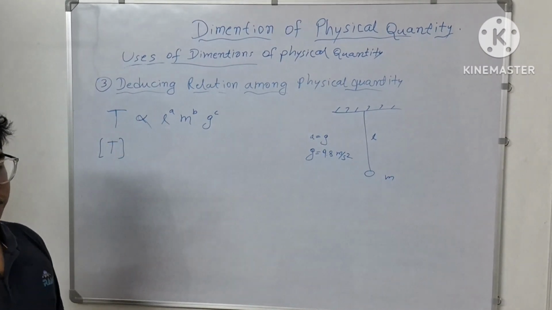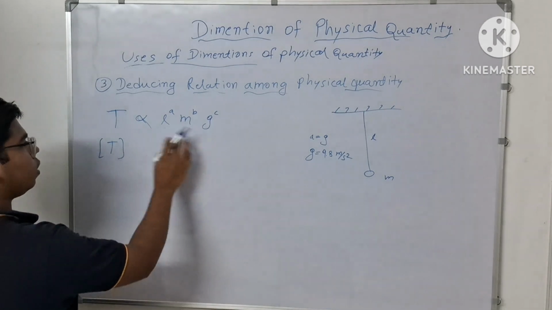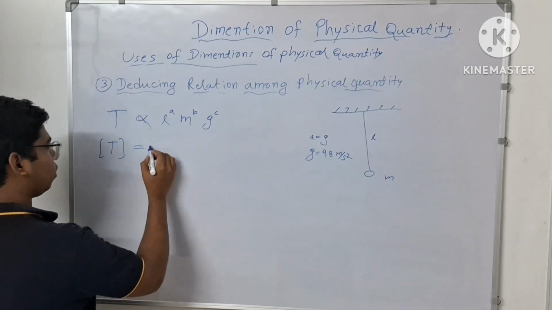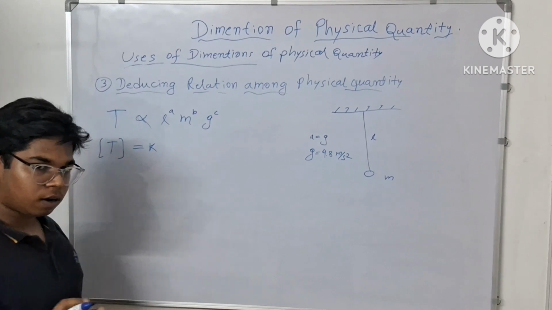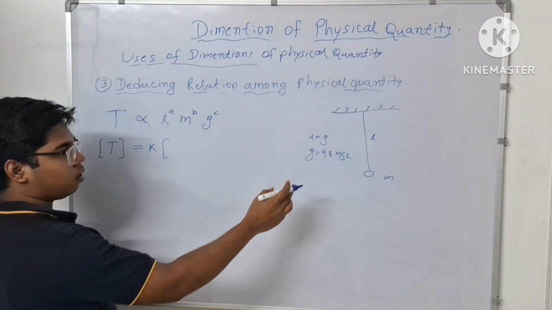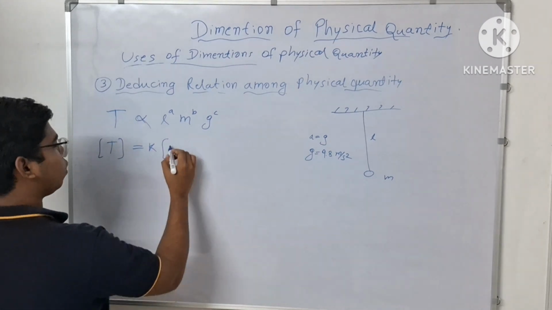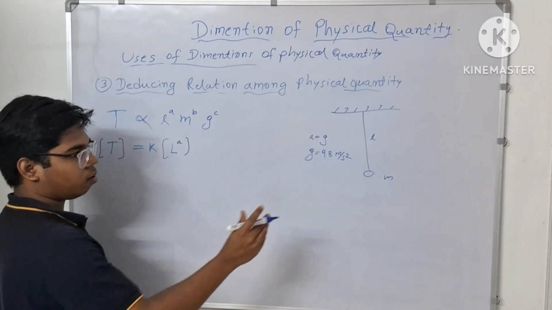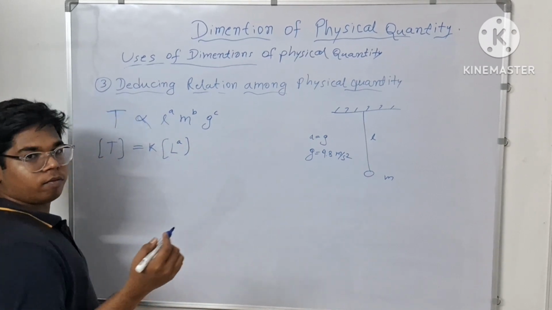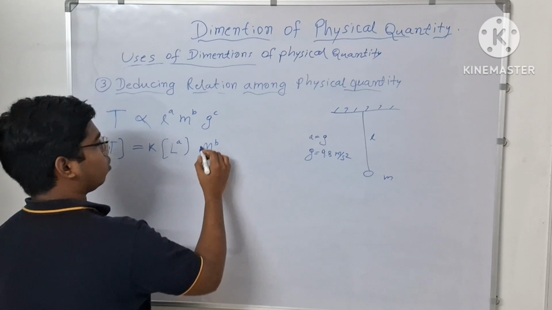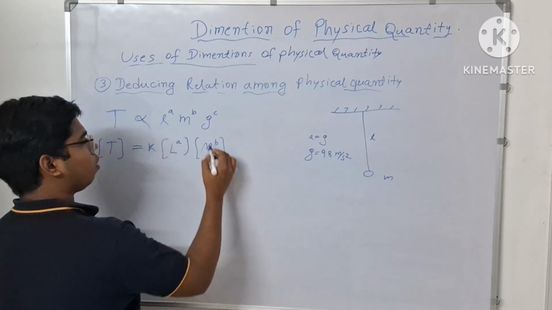If we replace the proportionality with an equal sign, then there is a constant k which is dimensionless and it is present here. The length of the string is L, so L power a, multiplied by the mass of the string. It is also a base unit, mass, so its dimension is M power b.